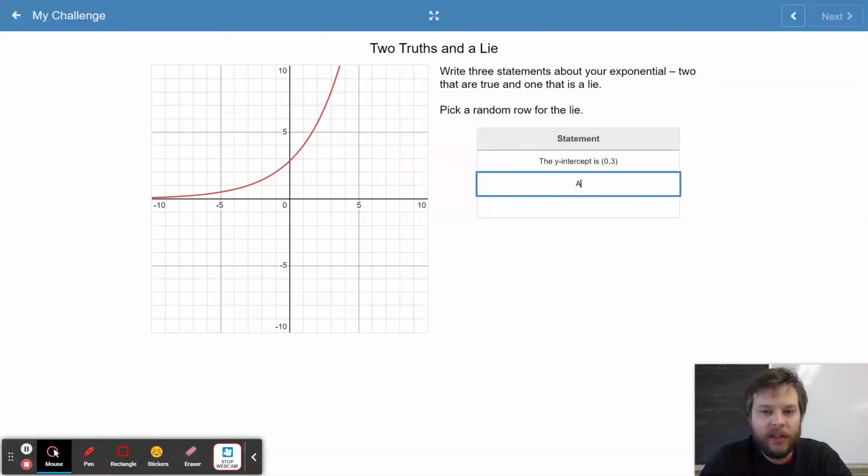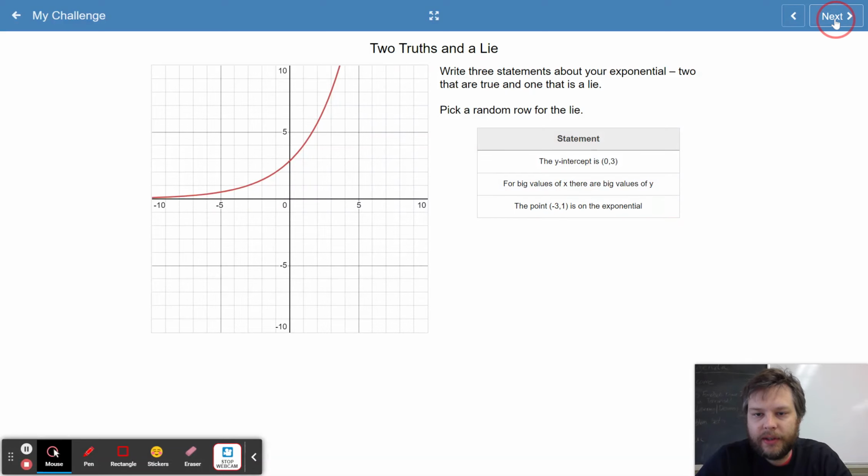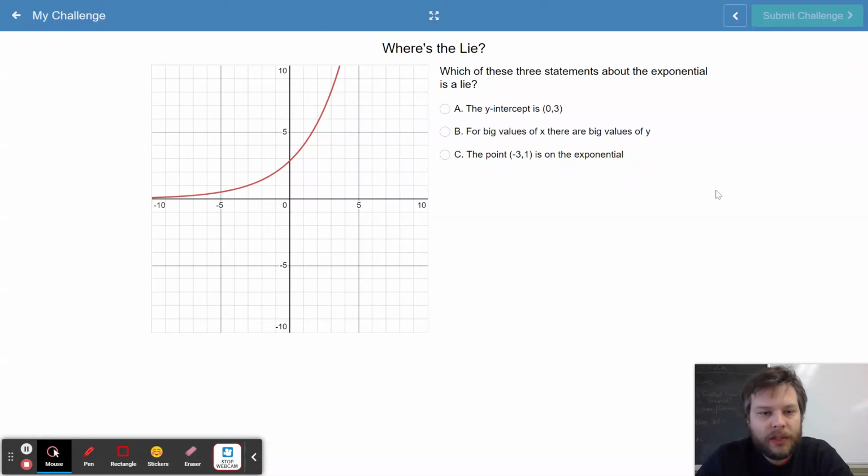Another statement is for big values of x there are big values of y. And another statement is the point (-3, 1) is on the exponential. Then we'll click to the next slide one more time, and we'll see which one of those is a lie.